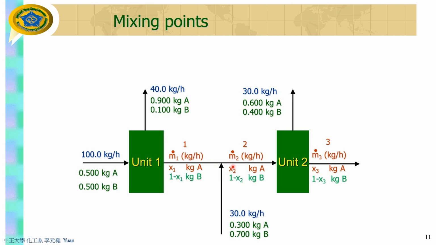M1, X1, M2, X2. How many equations can you create? 2, right? Because you only have 2 species, A and B. So 4 minus 2 equal to 2. I'm sorry, you cannot get the answer of these 4 variables.